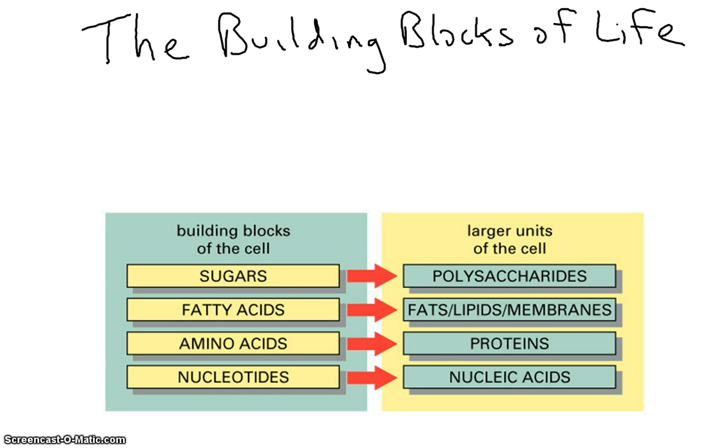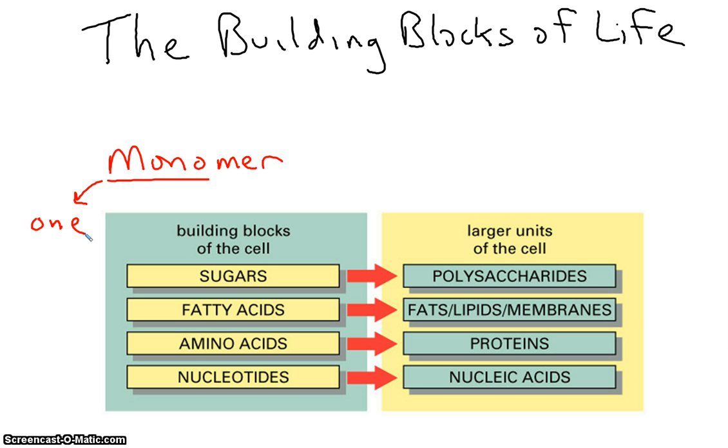So the big thing that we have to learn about this unit is I'm going to introduce two terms. So the first term is going to be the word monomer. And as you may recognize, the prefix mono means one.